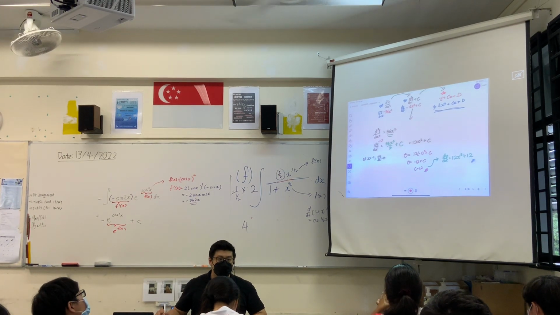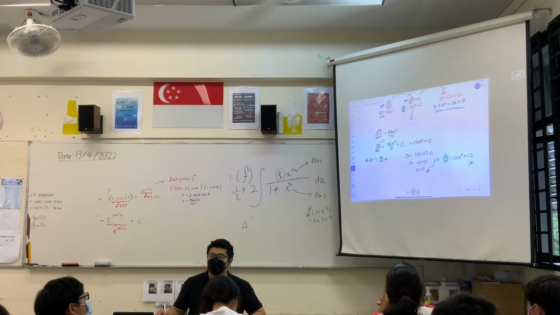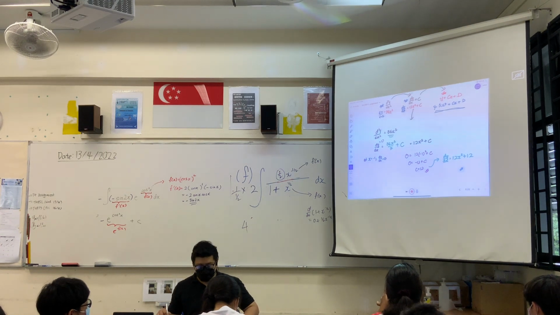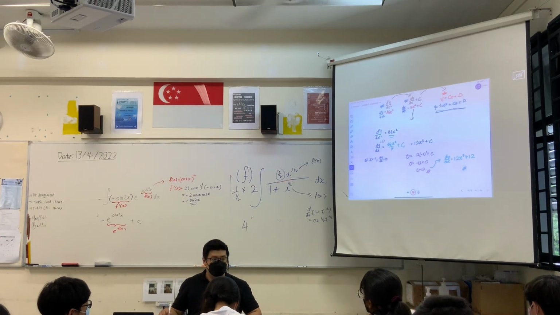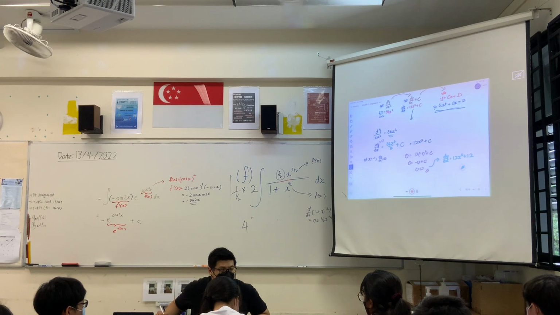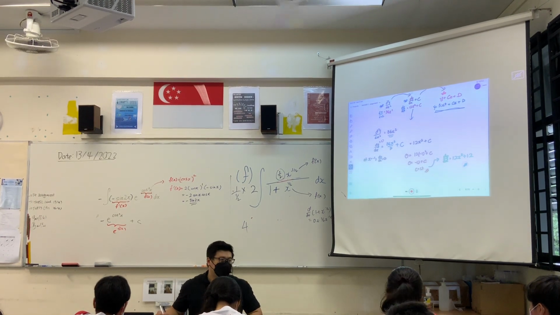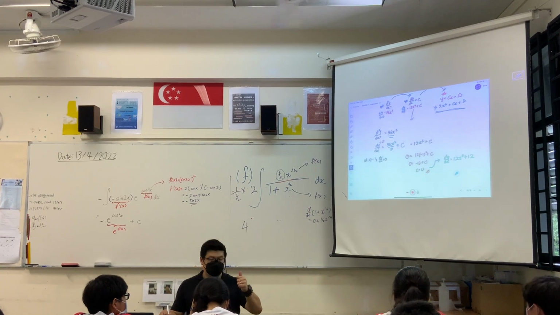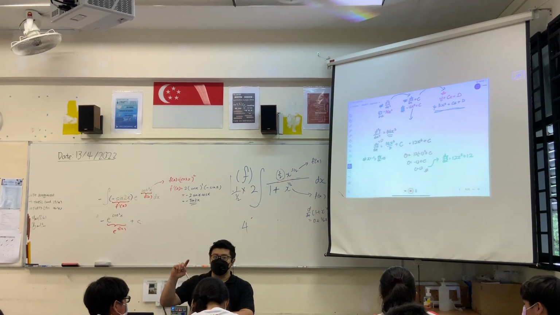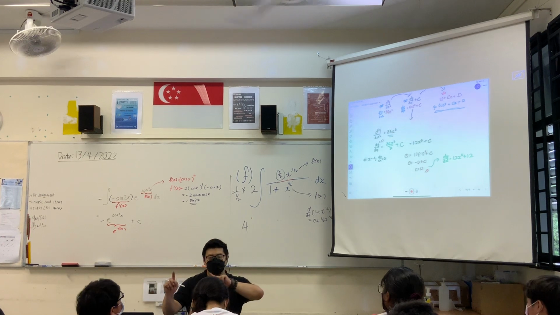Is that okay? All turning points are dy/dx equals 0. Yes, correct, all turning points. But dy/dx equals 0 doesn't mean turning point. It can also mean point of inflection.